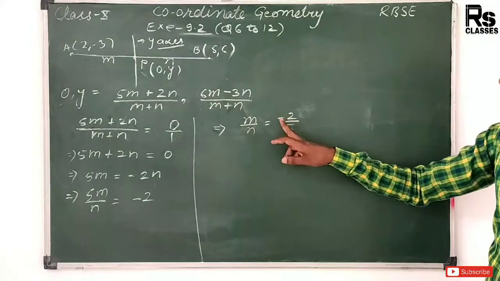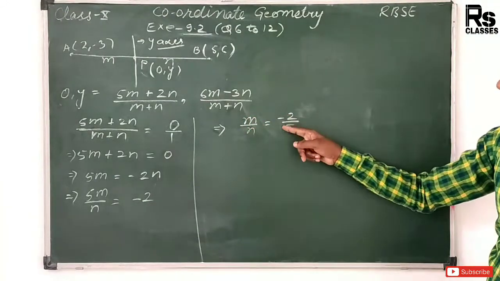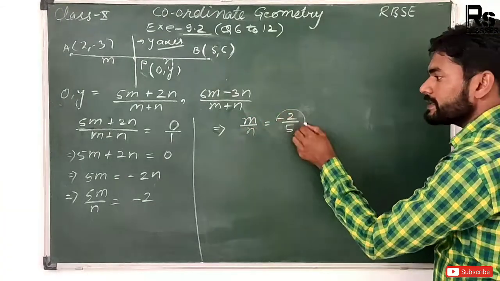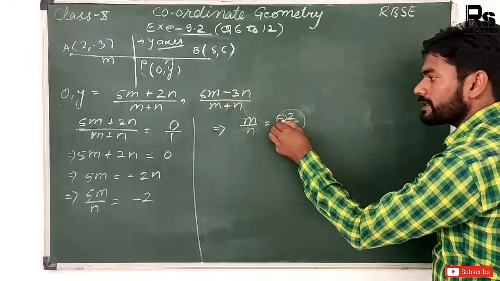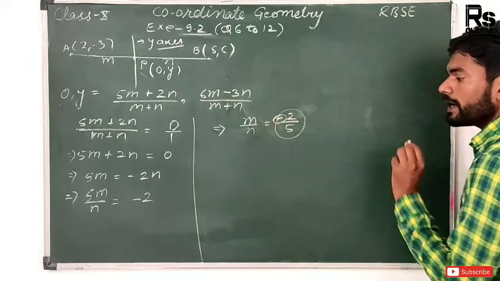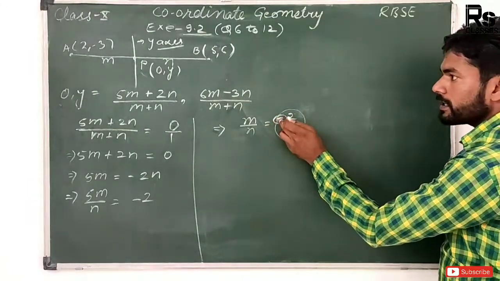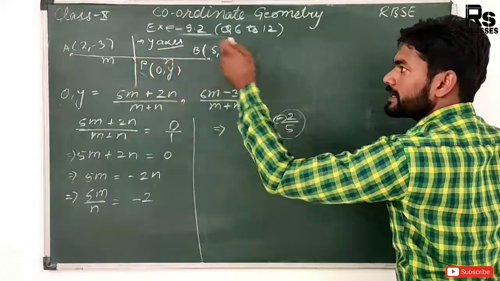Now a ratio is never negative, but in this case the ratio has a minus symbol. It means this section is external.